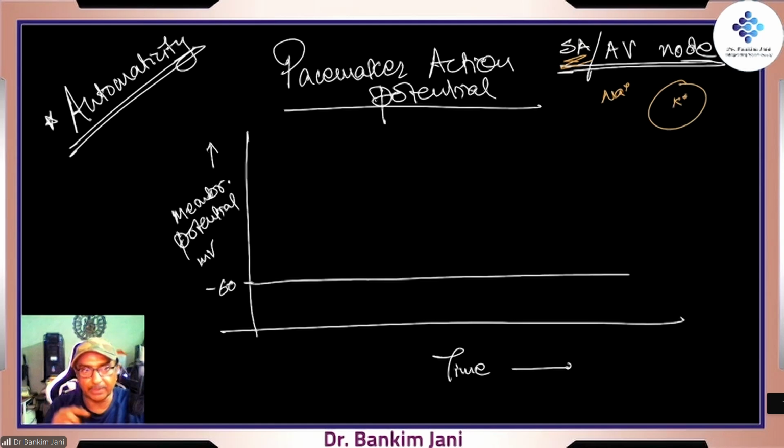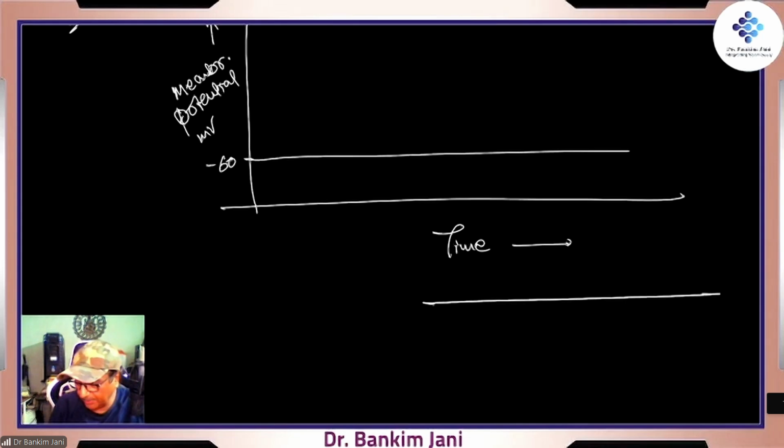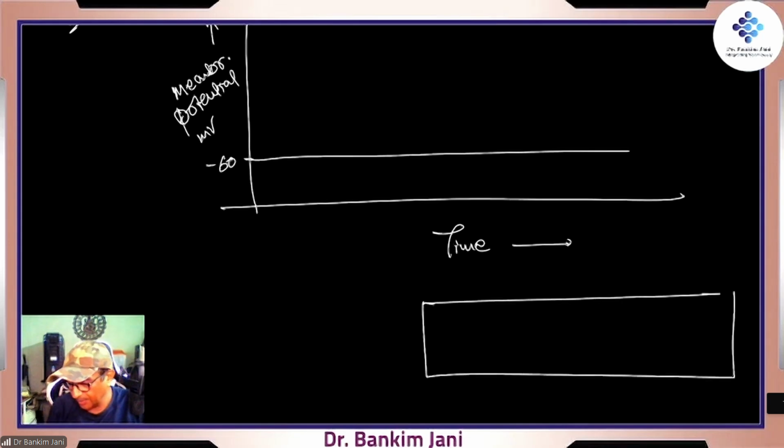The crucial thing to remember, which is one of the questions, I'll write it over here. In the exam, if it is asked what is the resting potential of pacemaker, remember there is no resting potential.